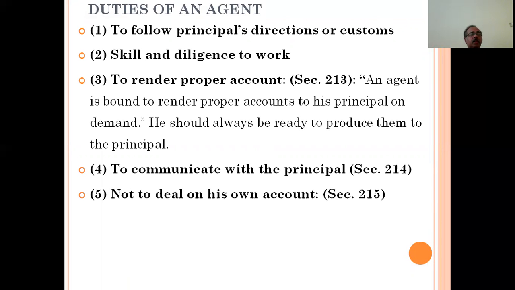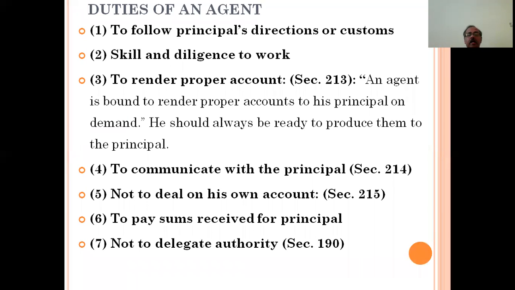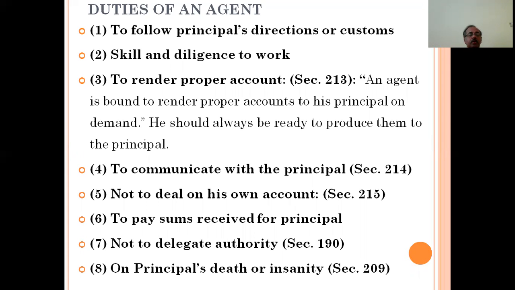First point is to follow principal's directions or customs. Skill and diligence to work. To render proper accounts. To communicate with the principal. Not to deal on his own account.